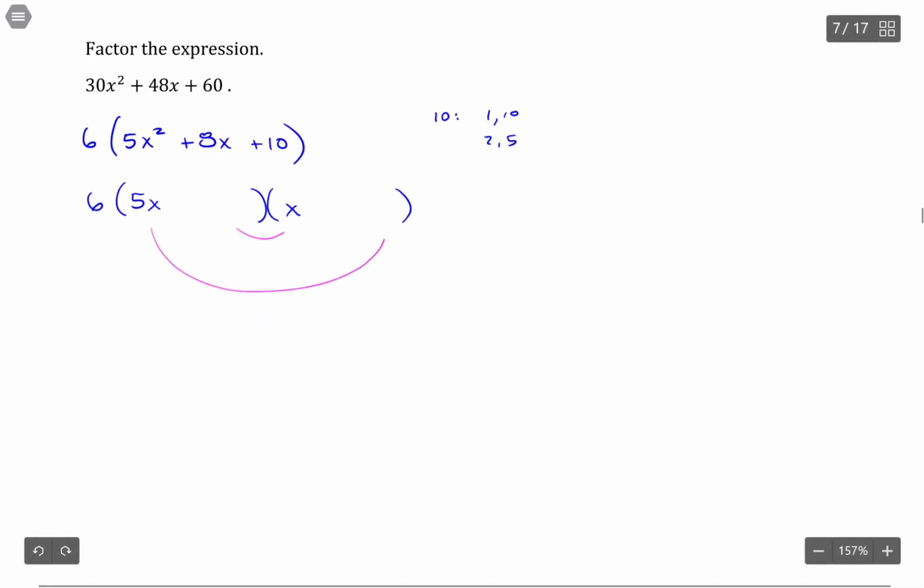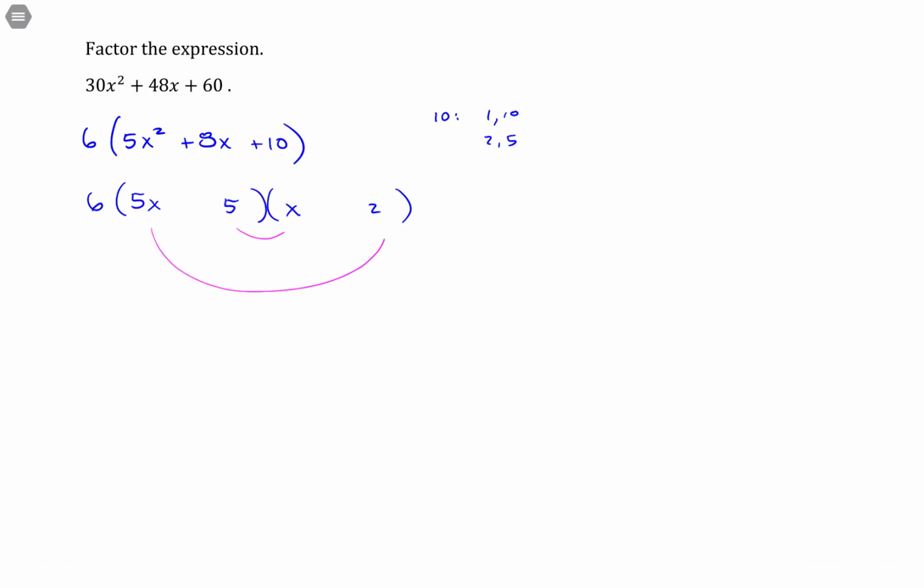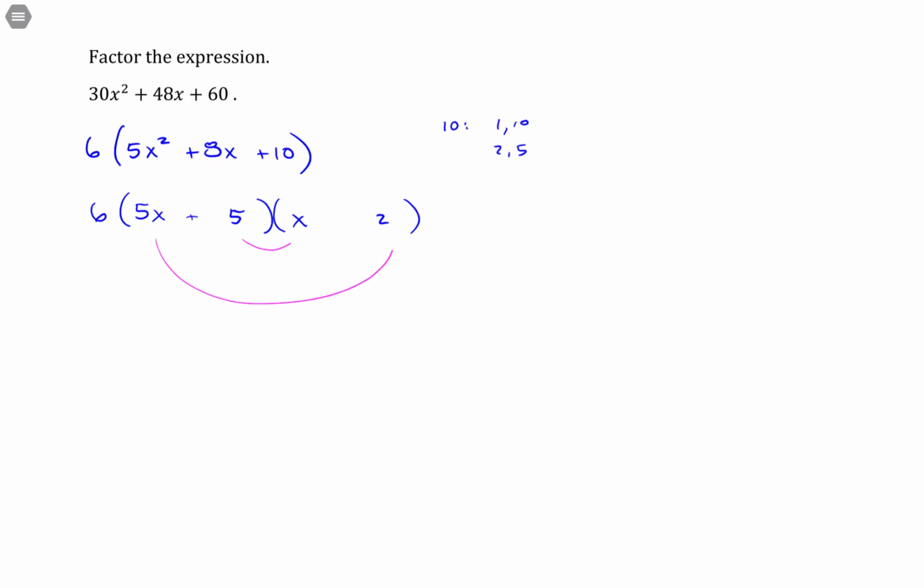So let's just swap the positions of the 2 and the 5. Now, one thing that I know right off the bat is that this is not going to work. And the reason is, if I wrote this as 5x plus 5 or 5x minus 5, it has a common factor of 5, which means there needed to be a common factor in the original polynomial of 5.